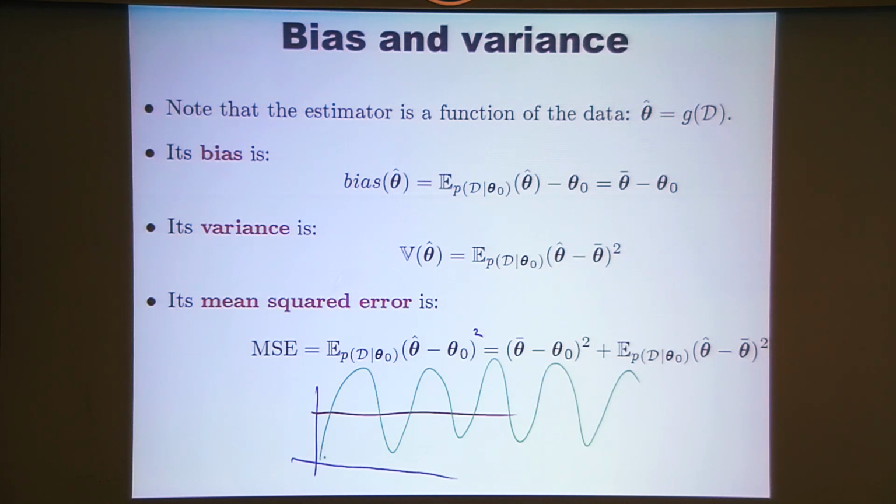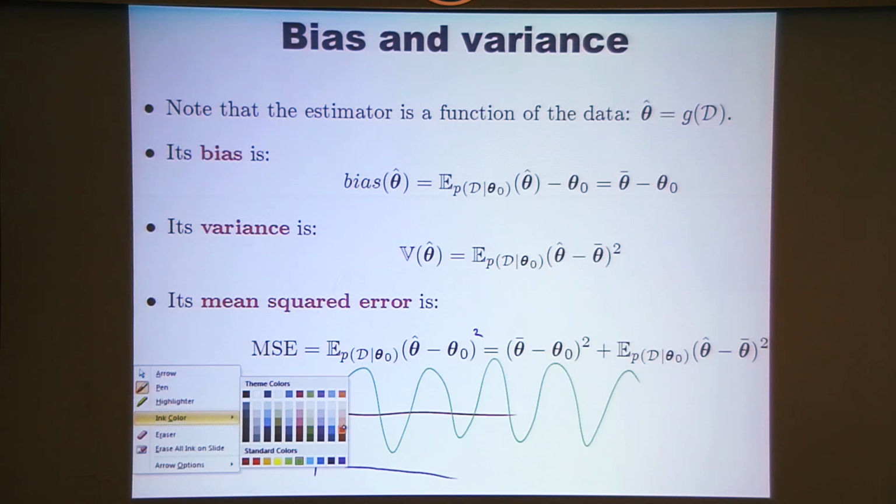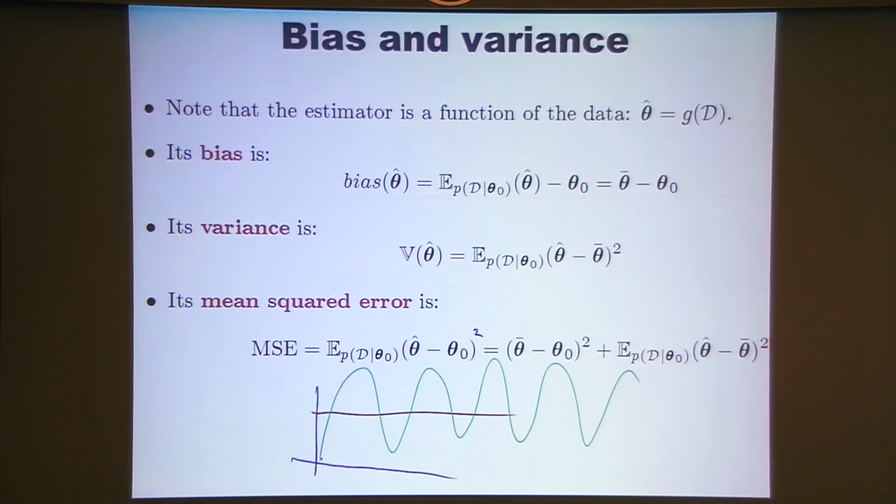And you might have another estimator that has bias but low variance. So asymptotically it would actually never attain the optimum. But the other one, the green guy, asymptotically will eventually converge to the absolute truth.